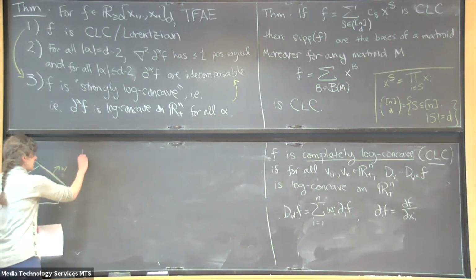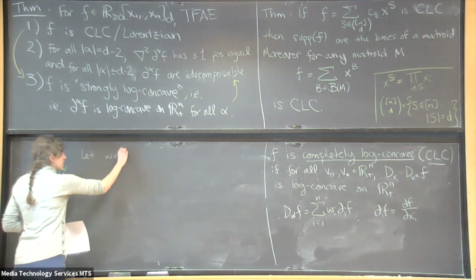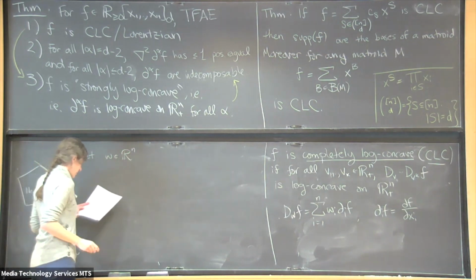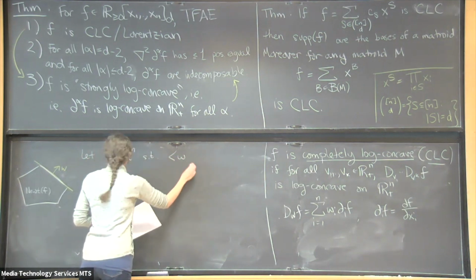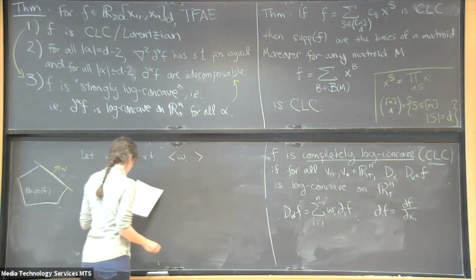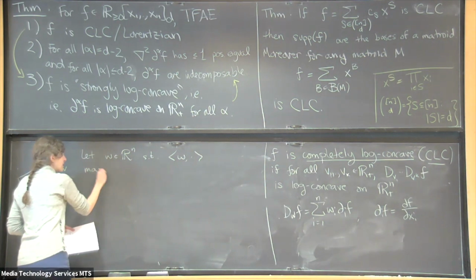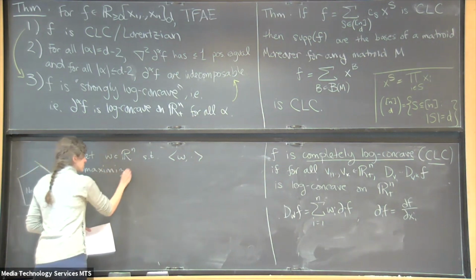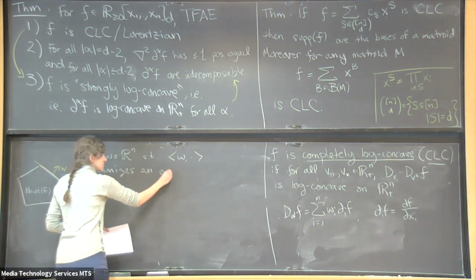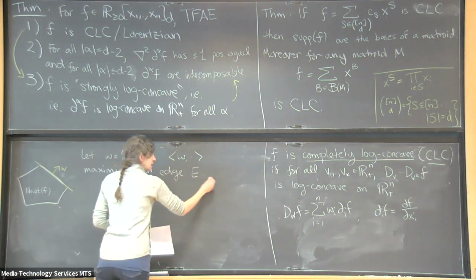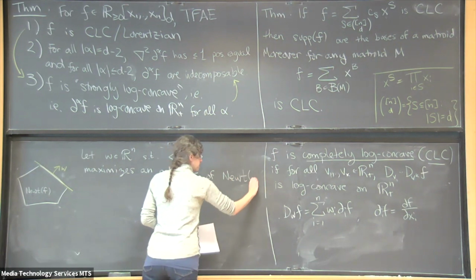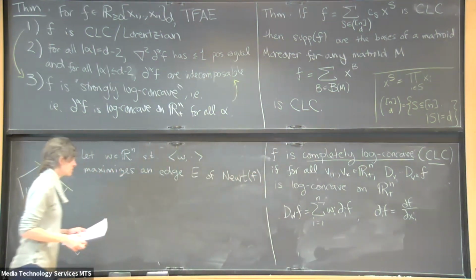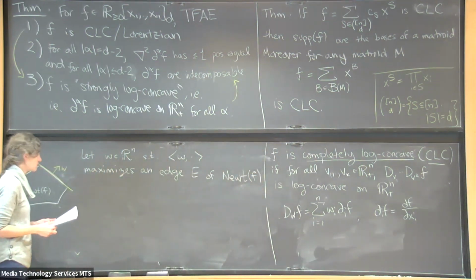So let's take w, so that the inner product with w maximizes an edge E of the Newton polytope. You will still look at edges even if it's a higher dimensional polytope.